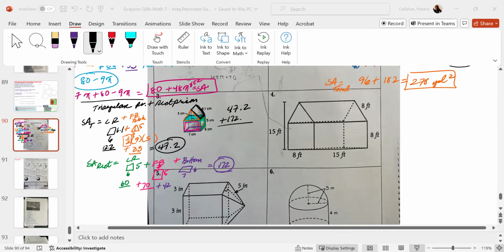And 172 is going to be the rectangular prism. 219.2. Okay, good. All right. Did you copy everything now or do you need a minute? Okay, get that in.